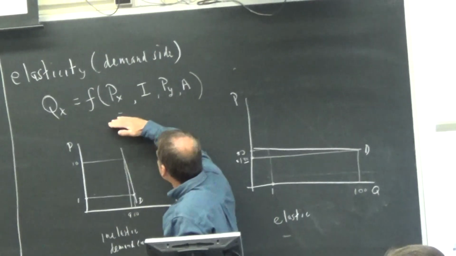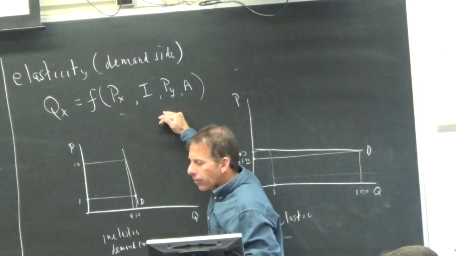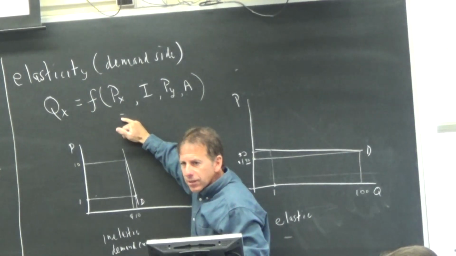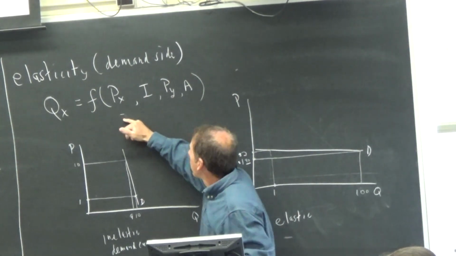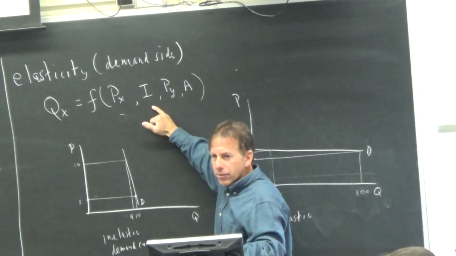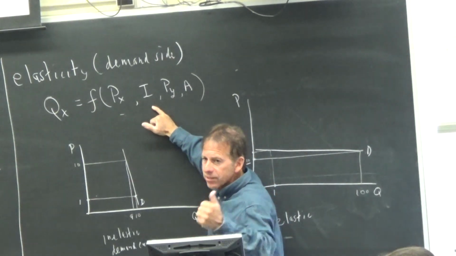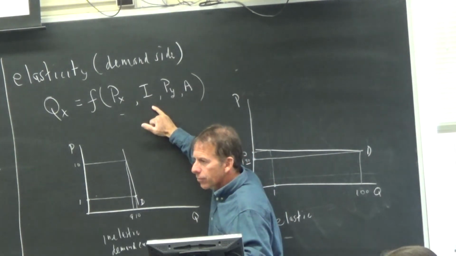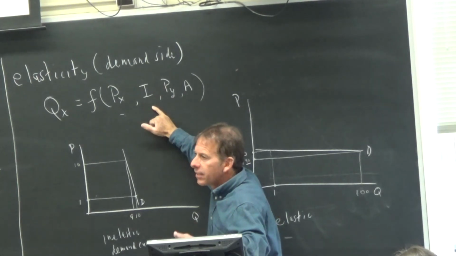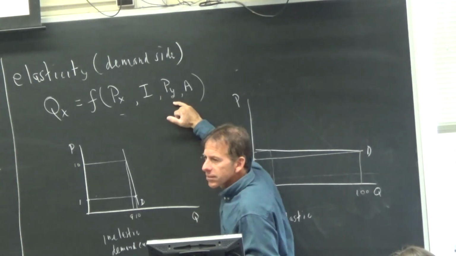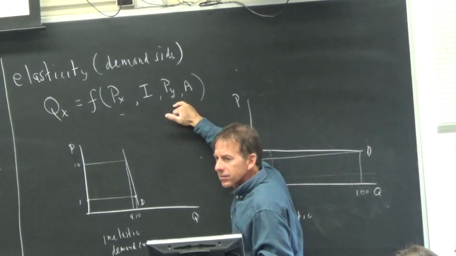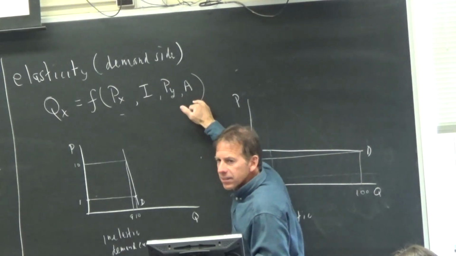And so all of these factors we've already gone over before. This is the price of X, we talked about before. This is income. Remember with income we had luxuries, necessities, and normal goods, right? Luxuries and necessities and inferior goods. And then this is the price of related goods. We had complements and substitutes in here. And this is the taste and preferences.